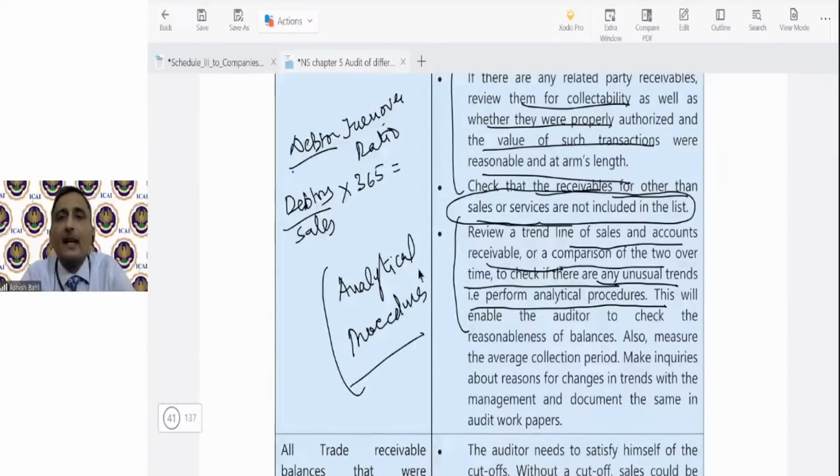It shows that collection period for debtors has increased. So it may point out to old debts for which provision for doubtful debts may have to be made, or some old balances which may need to be written off. So it can be a pointer to those things.